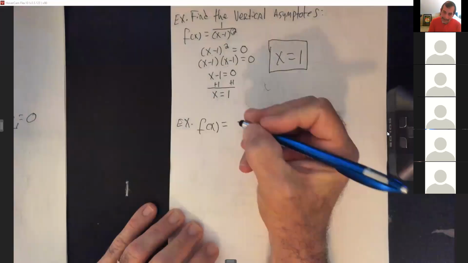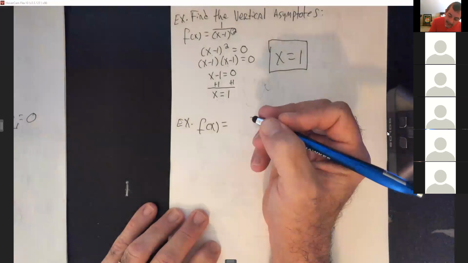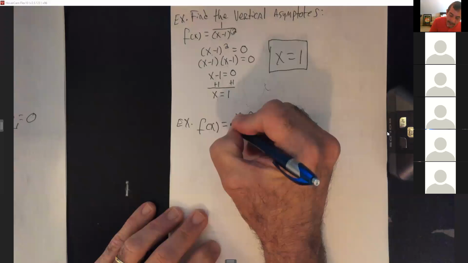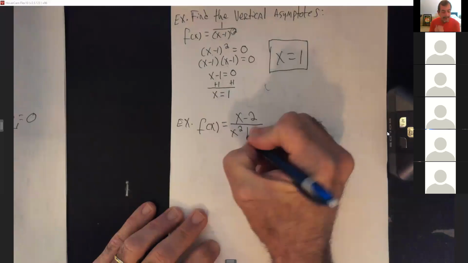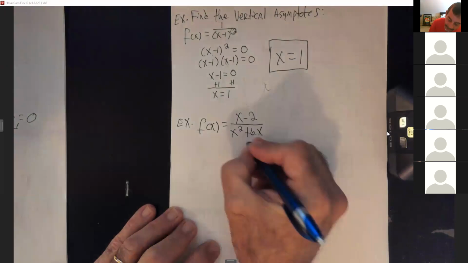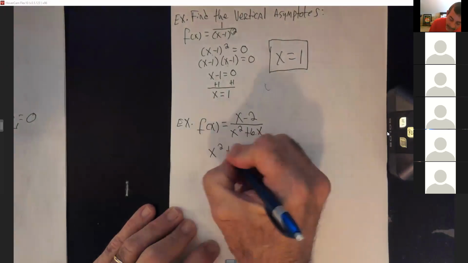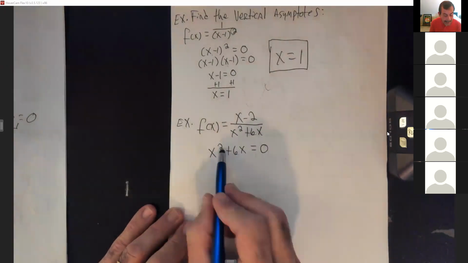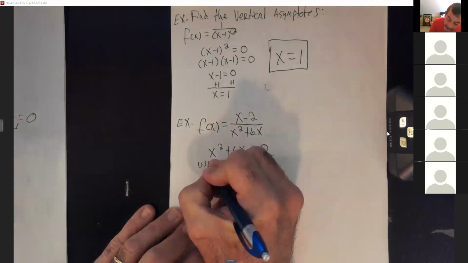All right, let's see. We're going to have an x minus 2 on top over x squared plus 6x. So remember, I'm going to set that bottom equal to 0. So x squared plus 6x equals 0. And remember, this is quadratic again because I got an x squared in it, so I'm going to use the quad.